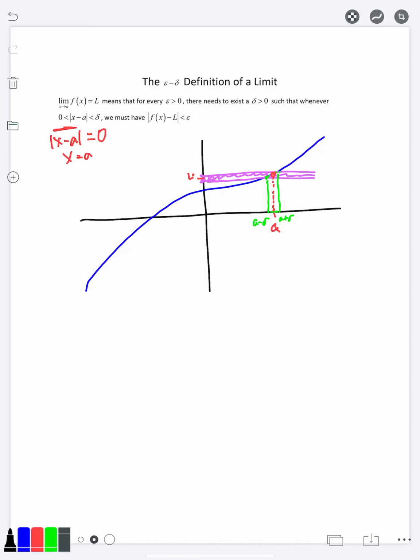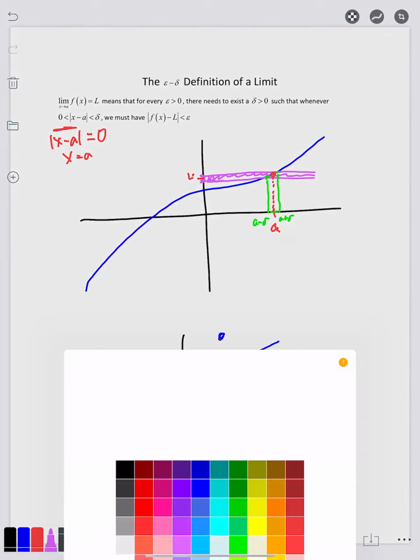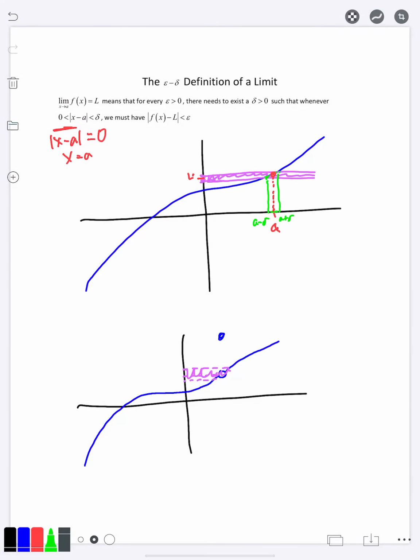So if you have a weird function where it's looking fine and then there's a hole, and then you have a weird jumping point way over here, and you say, well, okay, let me go ahead and take my purple area around this part, and I want my green area to be completely inside of that.